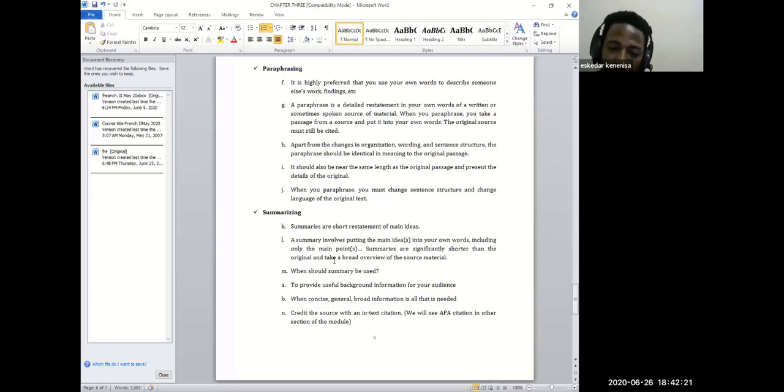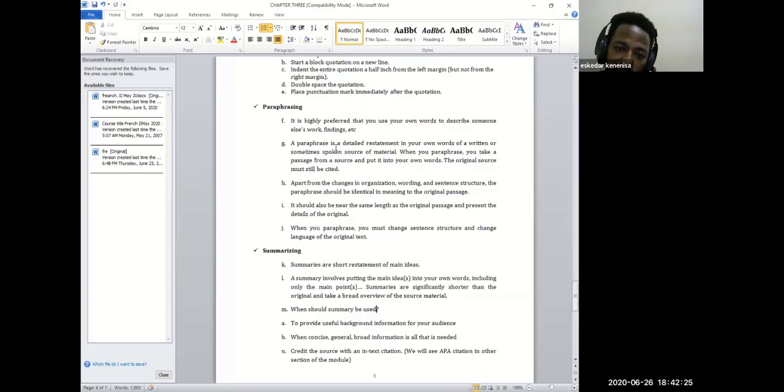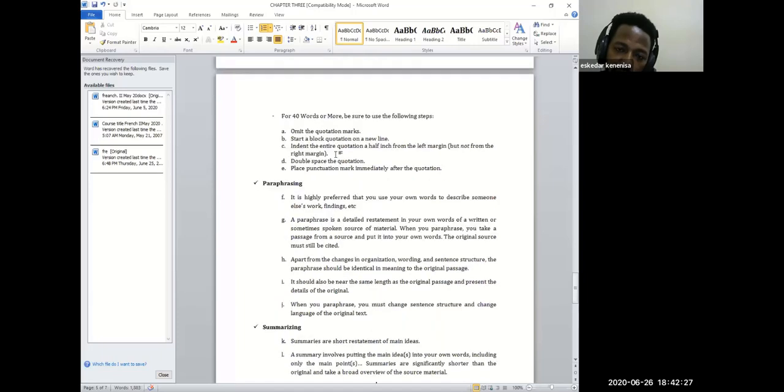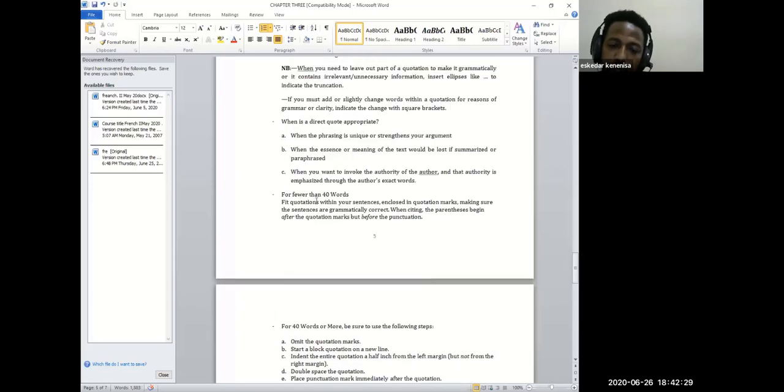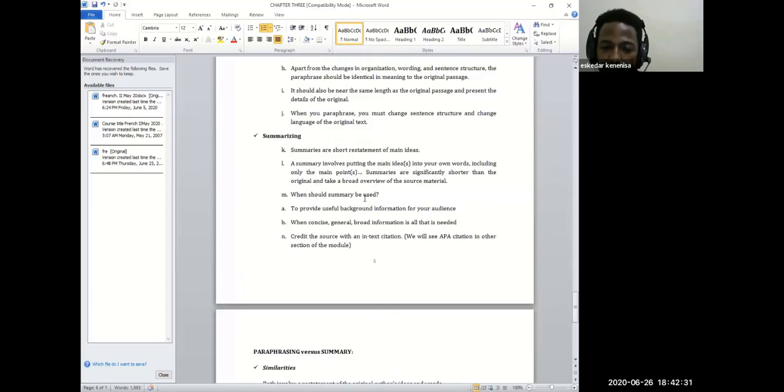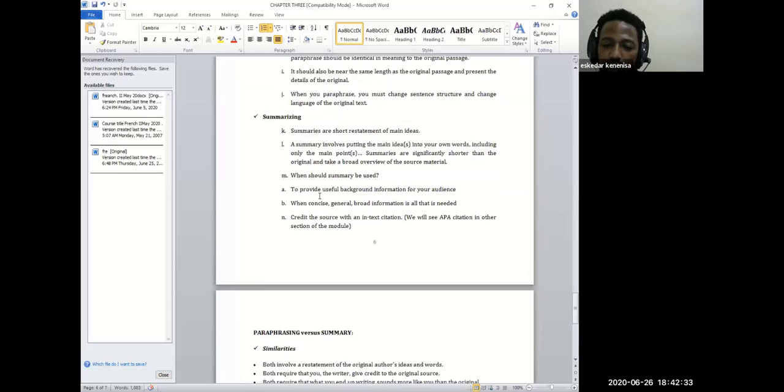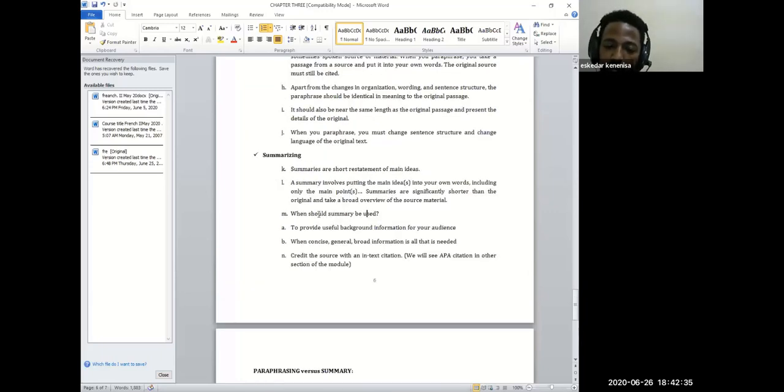When should a summary be used? Like we have said about when we should use a direct quote, let's say also when we should use a summary. We use summary, rather than direct quote or paraphrasing, if you want to provide background information.